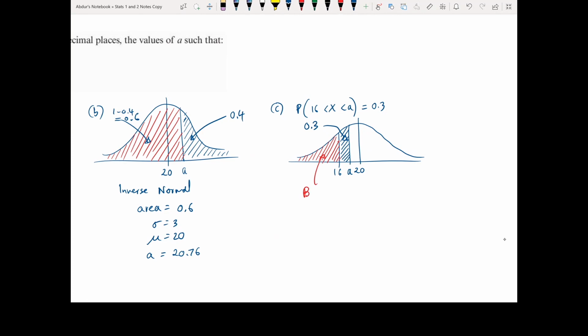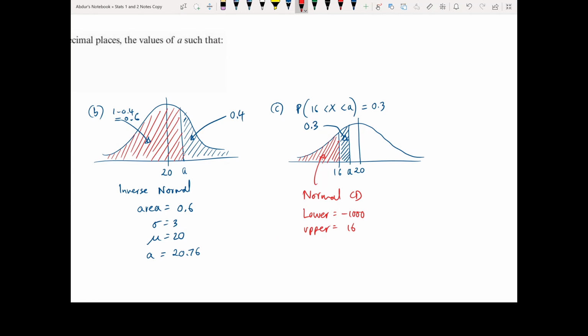How do we work this out? We're going to go and use our normal CD function. And for this normal CD function, if we go to our calculator, remember we have inputs of lower value. So put in a very large negative number. Let's use -1000. An upper value here would be 16, since that's where we're trying to get up to.